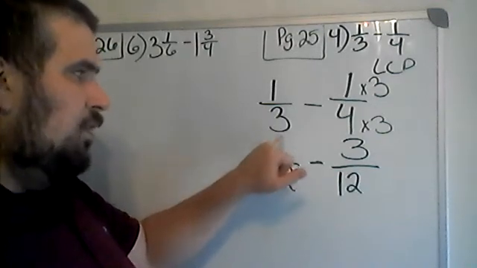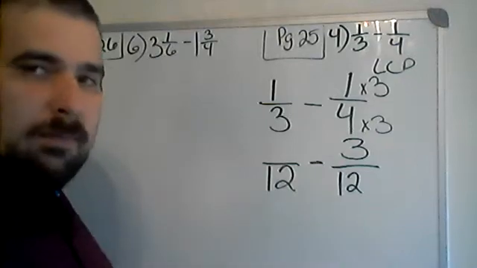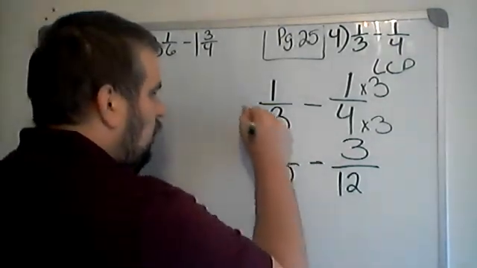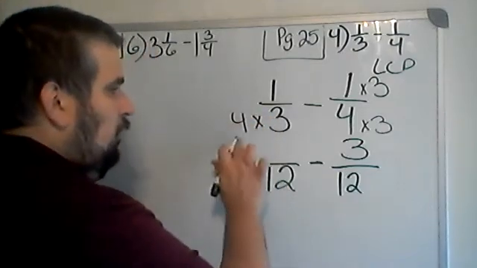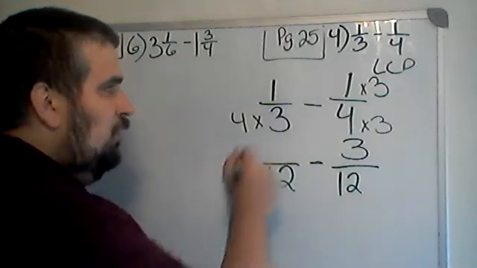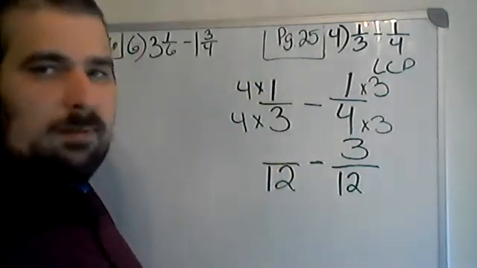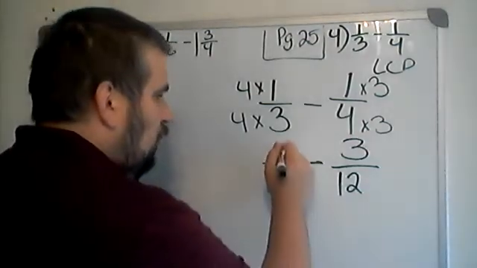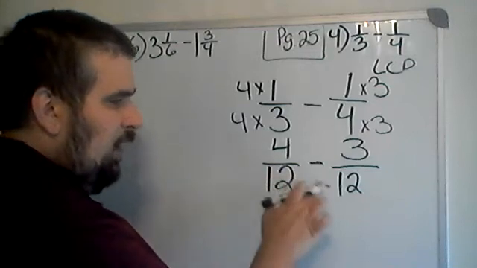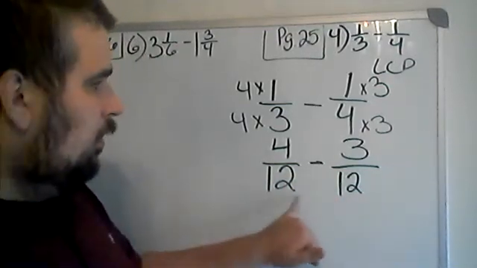I have 3, and I have to see, what did I need to multiply 3 by to get to 12? That's going to be 4. So I multiplied 3 times 4 to get to 12, and like our other fraction, we have to do the same to the top. So I have to multiply 4 times 1, which is 4. So now I have my least common denominator, 12s.